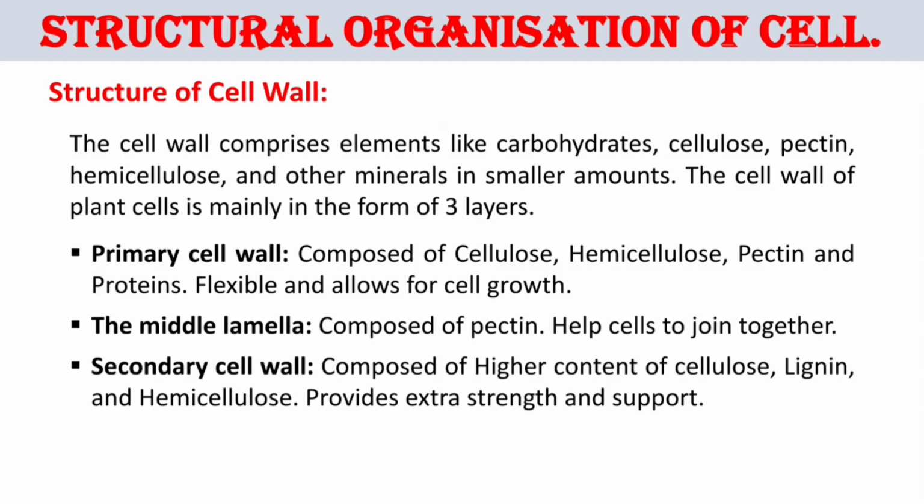The primary cell wall is composed of cellulose, hemicellulose, pectin and proteins, and it is flexible and allows for cell growth. The middle lamella is composed of pectin, and it helps cells join together. The secondary cell wall is composed of a higher content of cellulose, lignin and hemicellulose, and it provides extra strength and support to the cell.